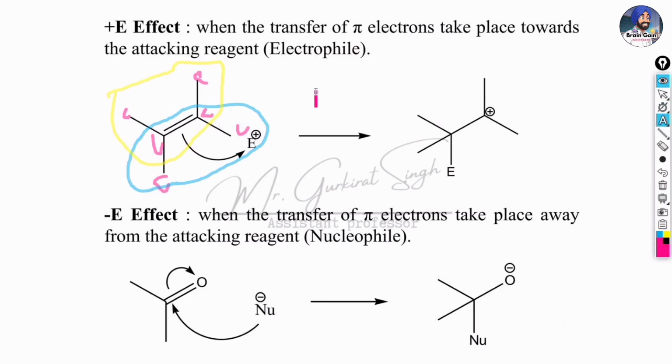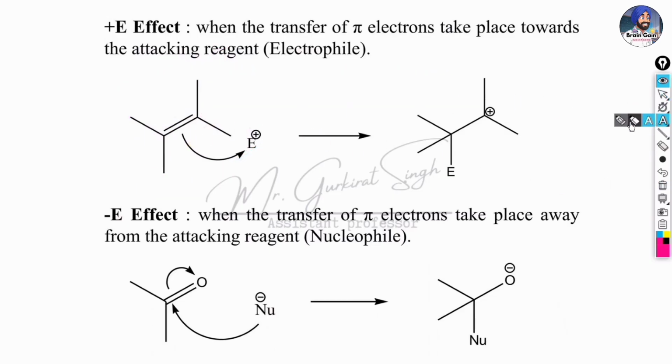So due to 4 carbons it will attain the name but, and due to the unsaturation at the second position, it will be butene. But it also contains 2 methyl groups at the second and third position, so that will be 2,3 dimethyl butene. Okay, so let's move to the electromeric effect.